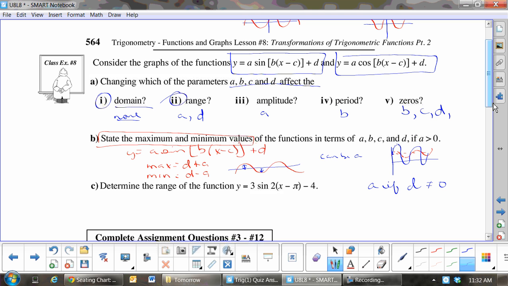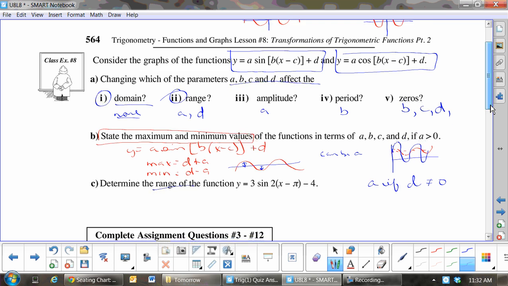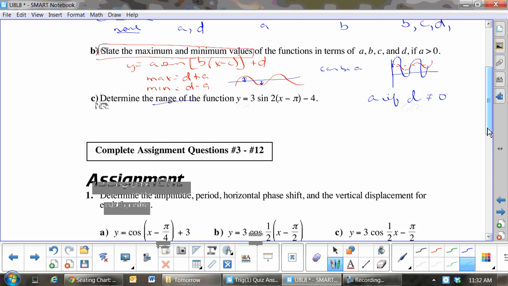Okay? Now, what would be the range of this function? Okay, well, let's find the max. The max would be, what is it? How would I figure it out? Yep.